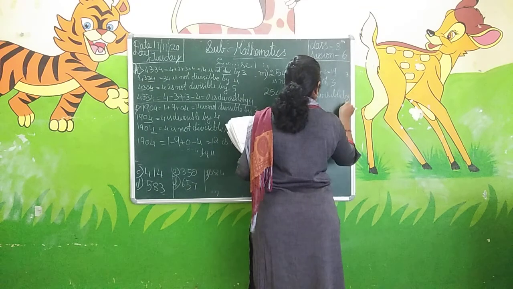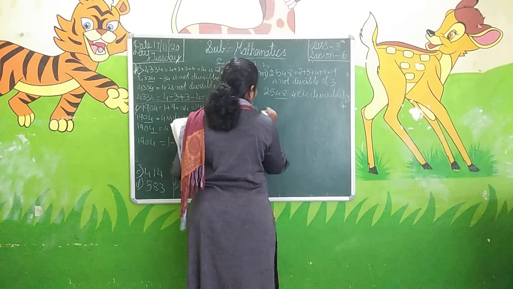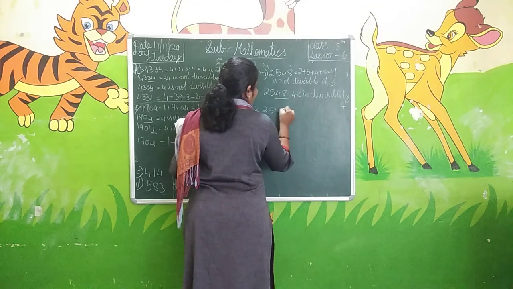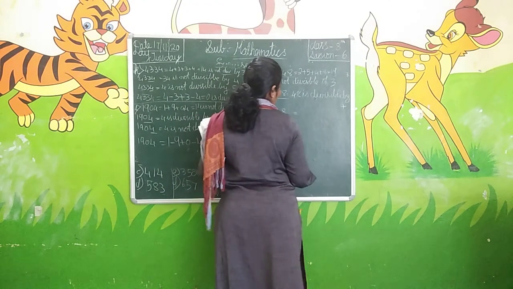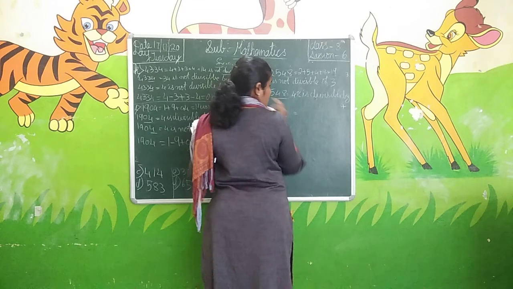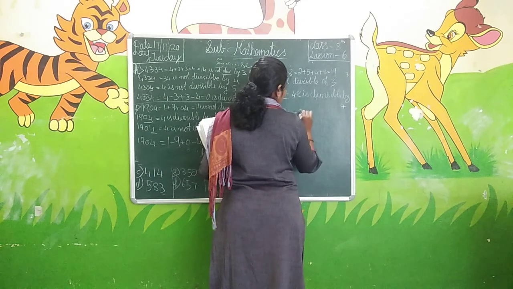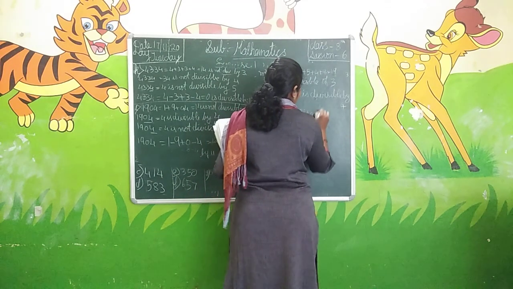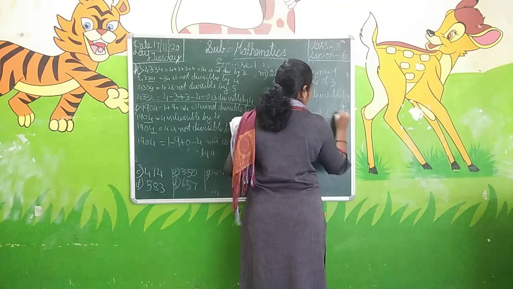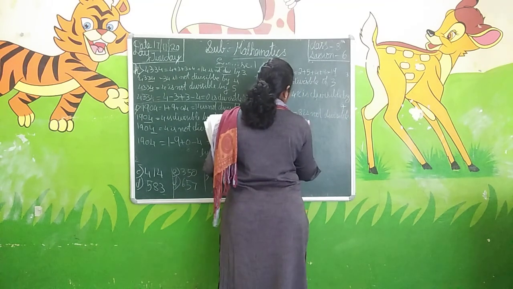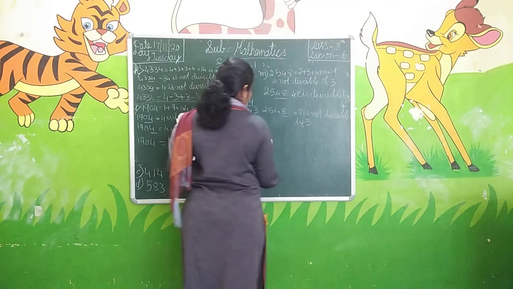The last digit 8 is not 5 or 0, so it is not divisible by 5.